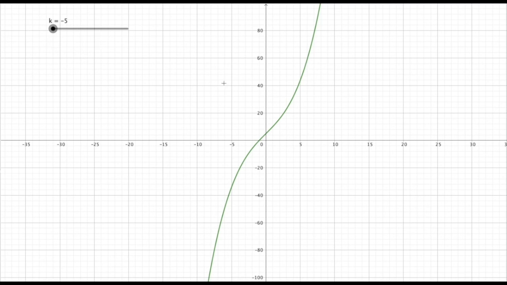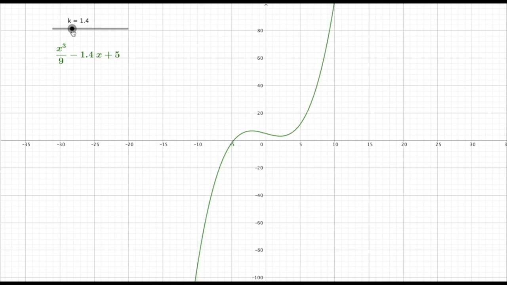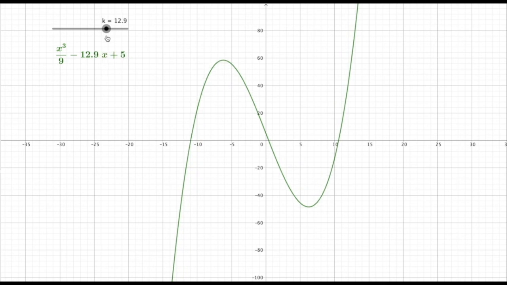So this is the function, and this slider gives us the value for k. So when k is minus 5, we get plus 5x because it's minus kx. And that's what the cubic looks like. And if we slide this along, we can see that eventually we get to a point where we've got a maximum and a minimum, and then on it goes.